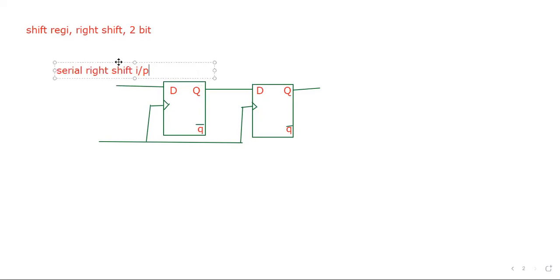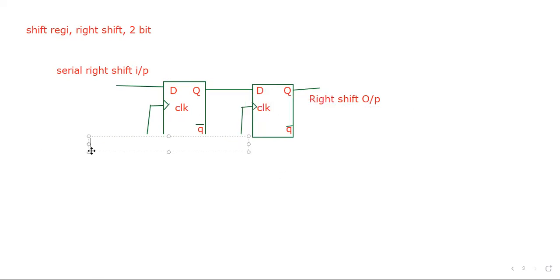And over here we have to write right shift output. Understand? Here you can write it as clock, CLK. Our figure is over here, and you can write here also clock, a common clock.